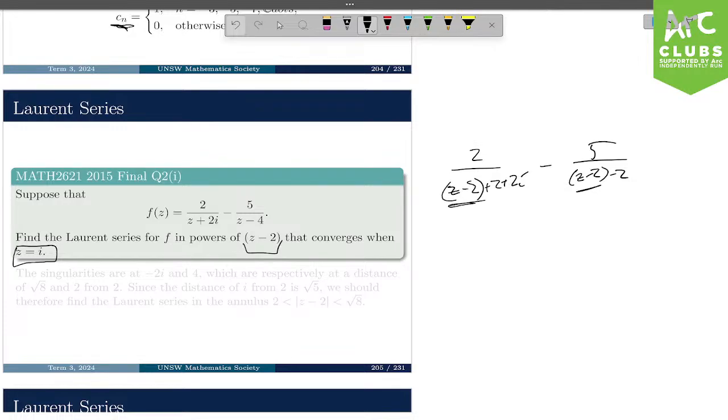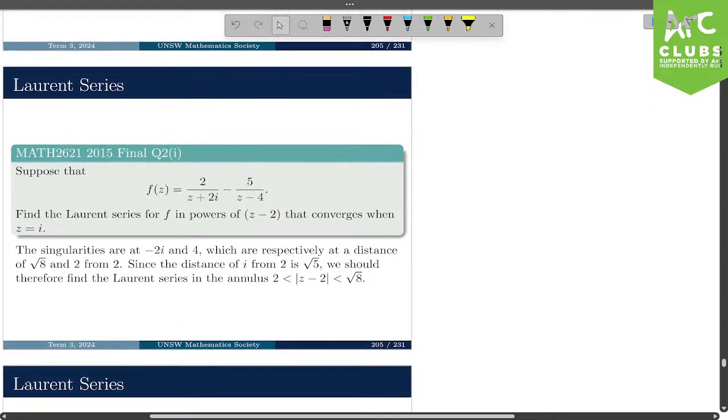If for this one the magnitude goes up to root 8, then chance it diverges. So we have to think about this. I want it at z equals i. Okay, when z is i, what do I have? Well, let's think about this. Distance from i is something we need to consider.